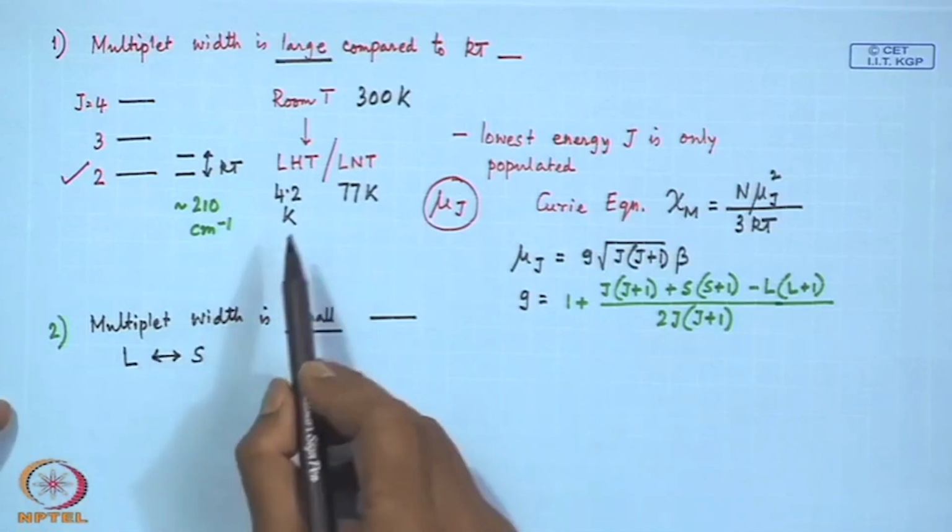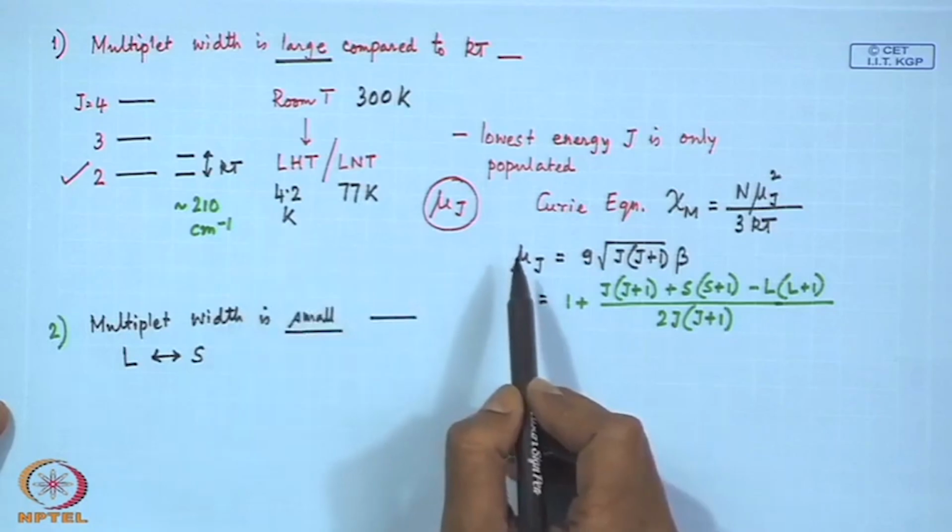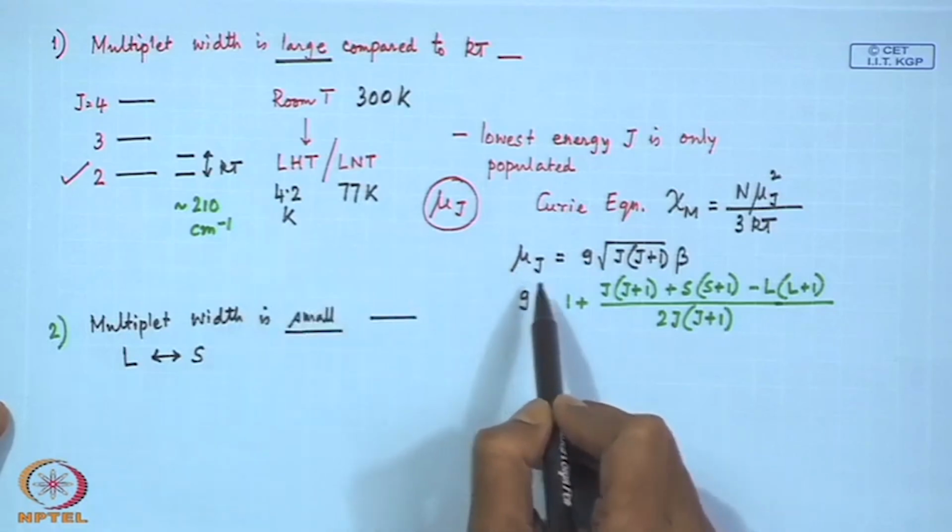so in the previous case the coupling between L and S is strong, so we have J which is a good quantum number.